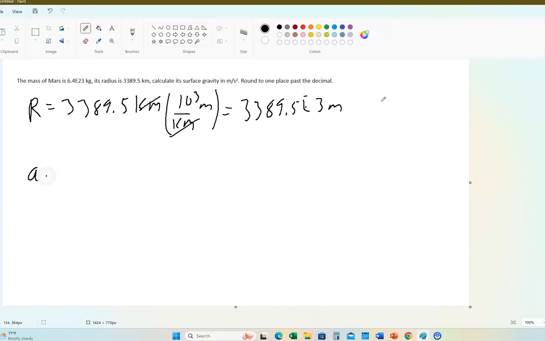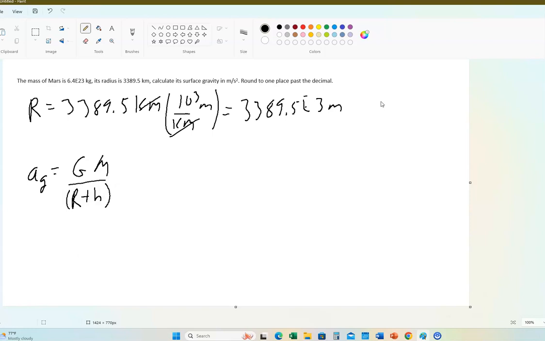But the acceleration due to gravity, or surface gravity, in other words, is big G times the mass of the planet divided by R. And by the way, it could also be divided by R plus the height.